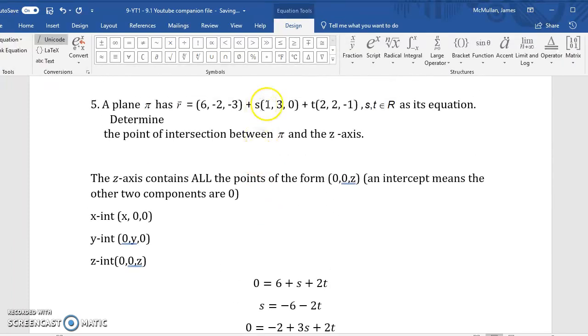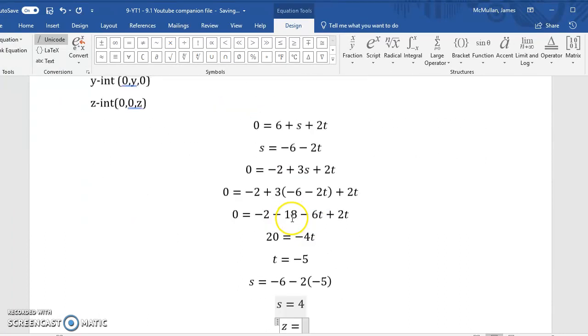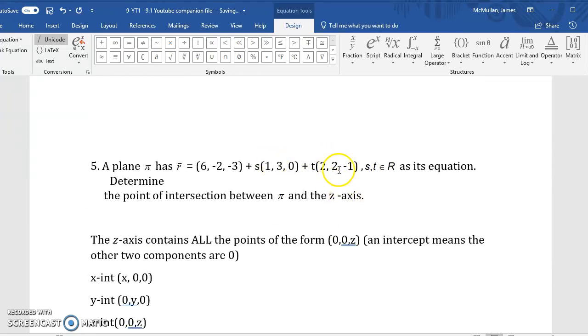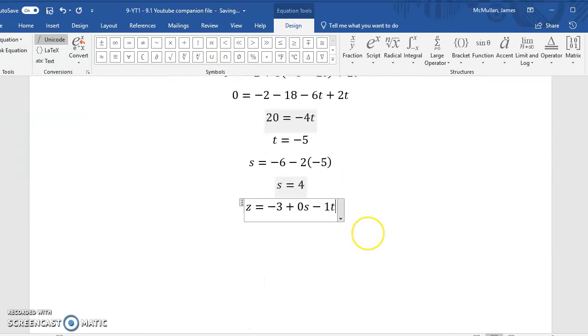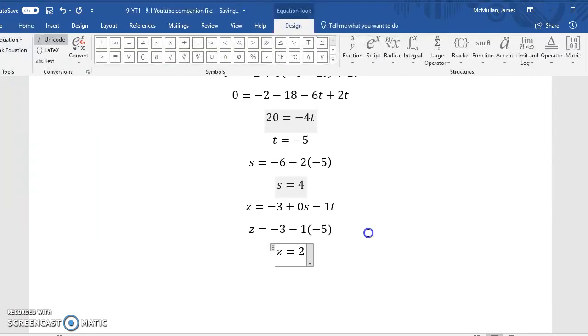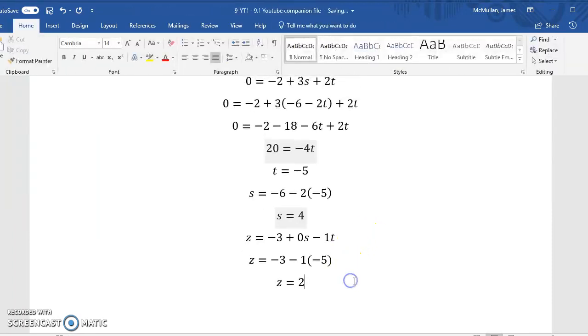The parametric equation for z here was I start at the coordinate negative 3 plus 0s minus 1t. To solve this is easy enough. z equals negative 3, take away 1 times negative 5, z equals 2. So I should have a z-intercept. So the z-intercept is 0, 0, 2.